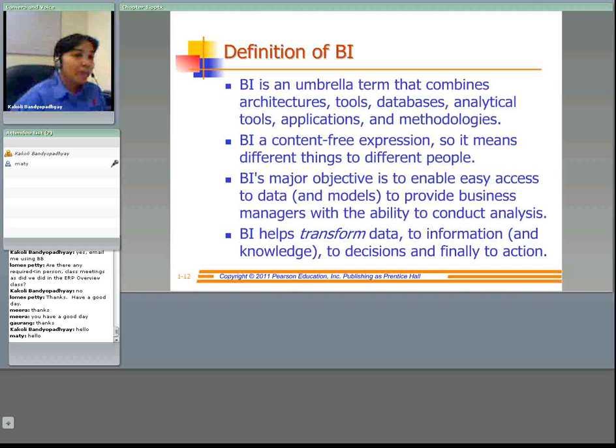We find out information about the organization, and that information we use to make decisions, and those decisions help us to improve the performance of the organization. So everything is tied to the performance of the organization. So BI will also involve the tools, the databases, the techniques, the methodologies, the applications used for analyzing data.